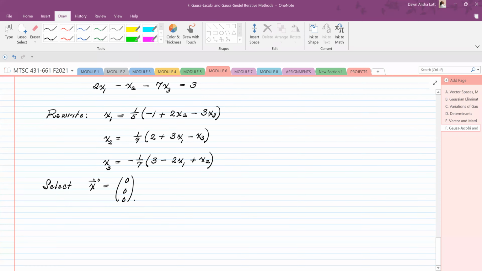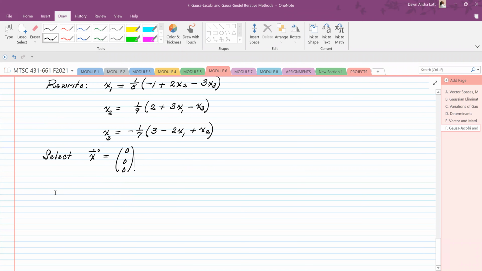If I do that, then at the first iteration, I get x1 equal to -0.200. The second element is 2/9, which is 0.222.